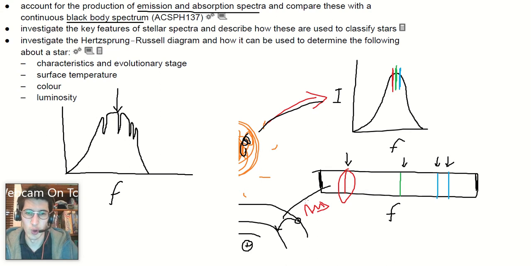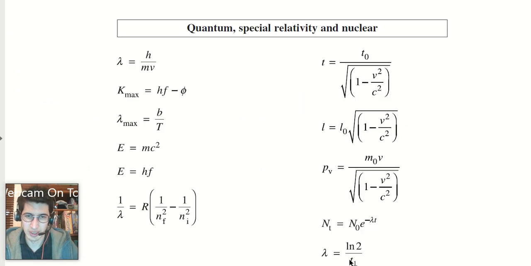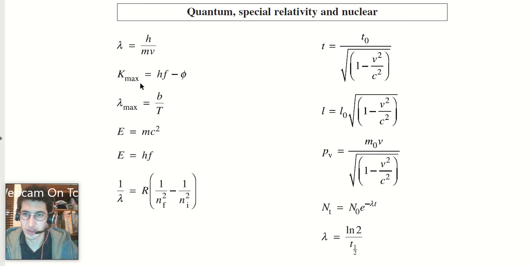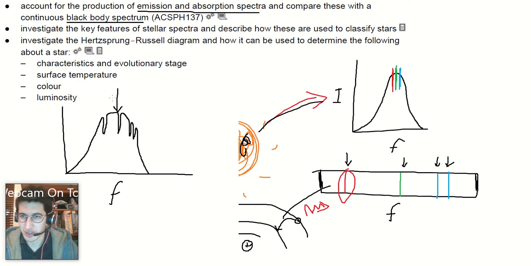We can go over to our formula sheet, quantum, special relativity, nuclear, and we get this equation here. The maximum wavelength, the wavelength with the max intensity, is related to the temperature of that star. For ours, for example, the peak is going to be around this green wavelength. That's going to say that our star has a very average temperature, maybe even a little cooler than other stars.